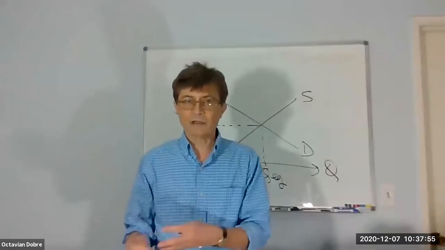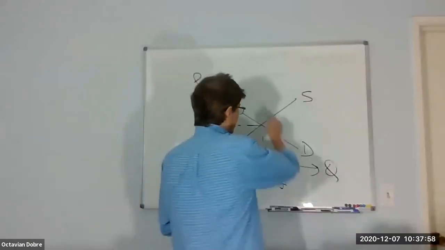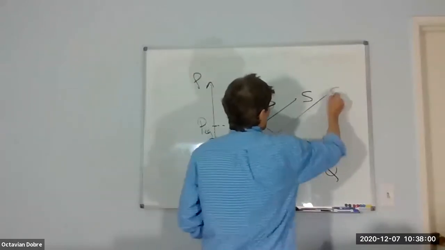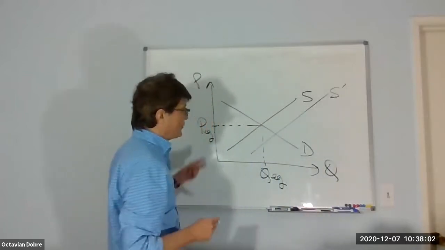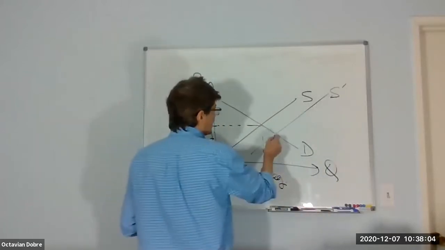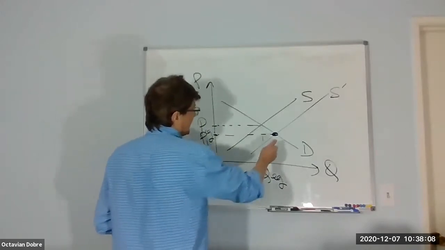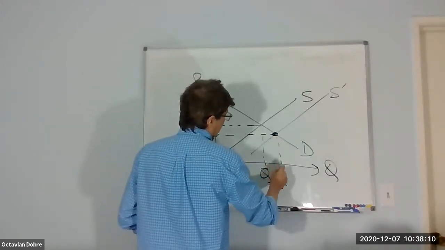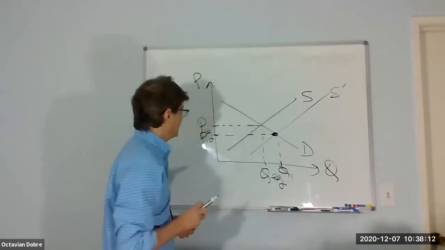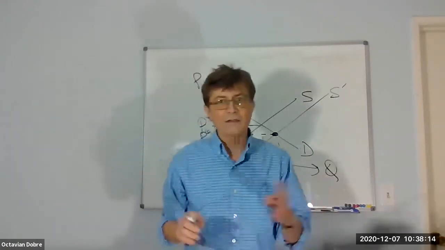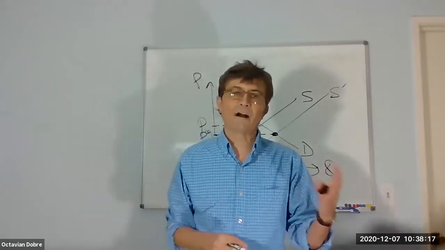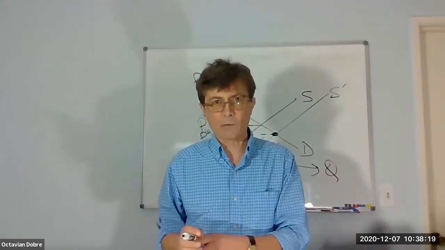Well, you're going to shift the supply to the right. And you can see that the new equilibrium price is going to be this new equilibrium price, P1, and the new equilibrium quantity is going to be this quantity, Q1. So if the supply changes, we're going to have a new equilibrium price and a new equilibrium quantity.